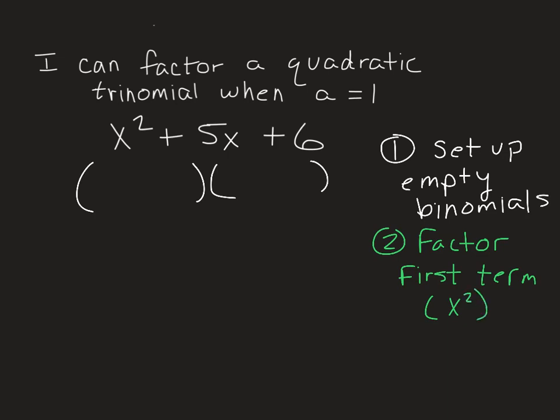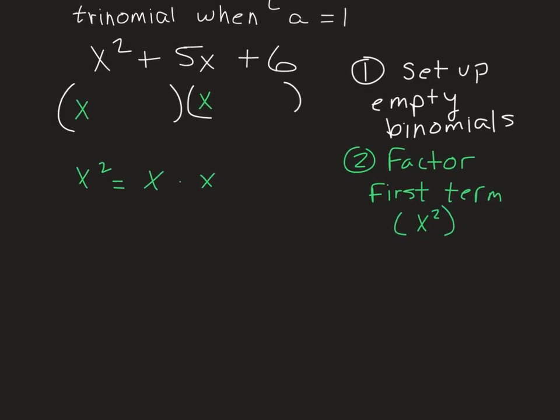The only way you can pull it apart is by doing an x times an x. So you're taking that x to the second power and pulling it apart into those two pieces that you multiplied to get it, the x and the x, so you know that that is going to be the front of each binomial.